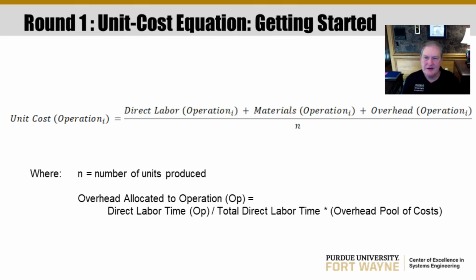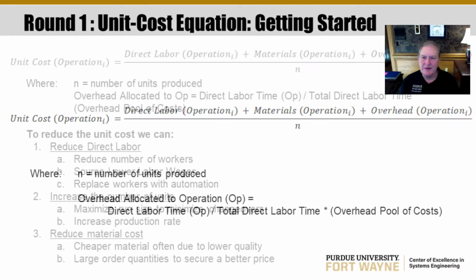So it's the sum of the direct labor of the operation plus materials plus overhead allocated to that operation divided by the number of units produced. The overhead allocation is the direct labor time of that operation divided by the total direct labor time in a plant times the overhead pool of cost. Typically, overhead is allocated based on direct labor time in this manner.